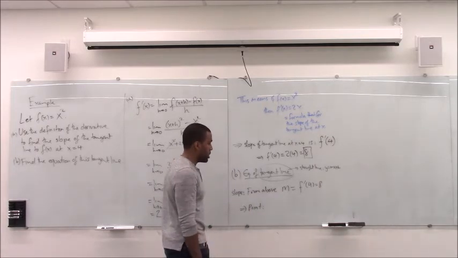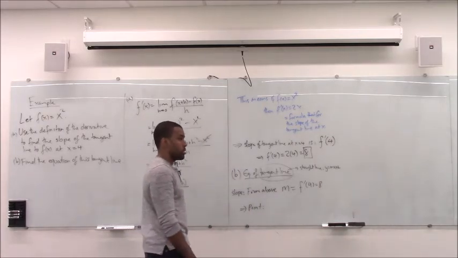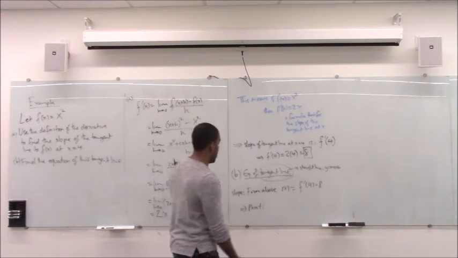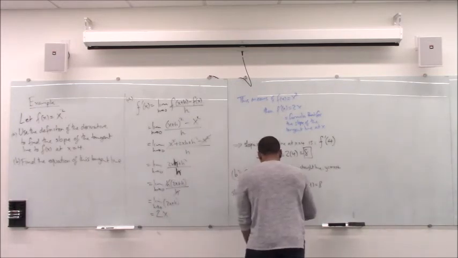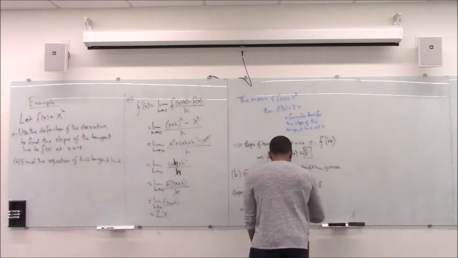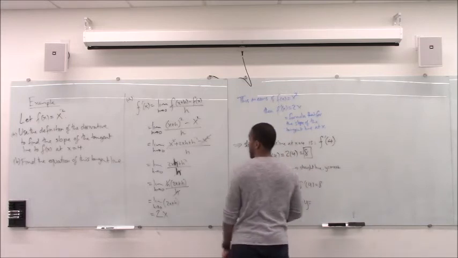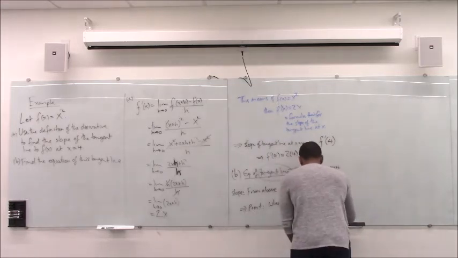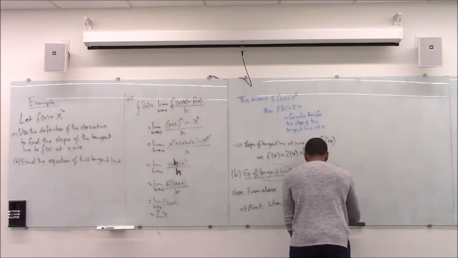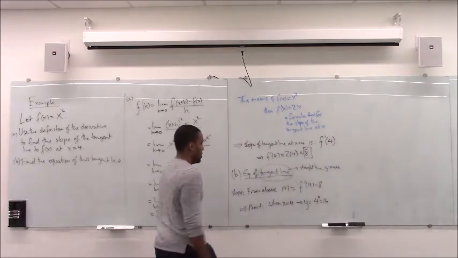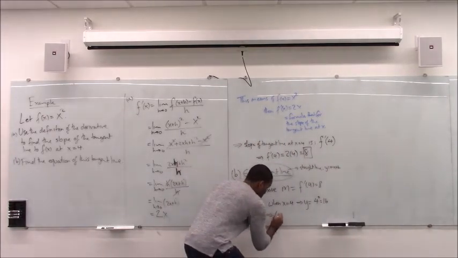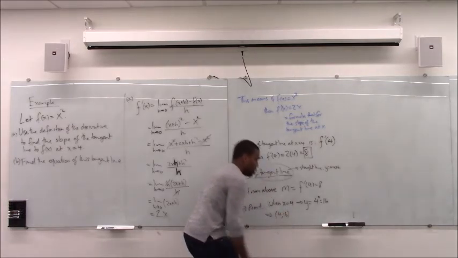How do I find the point that I care about? Would you plug in 4 to the original equation? So when x equals 4, I want to know what the y value is. Well, your y is going to be 4 squared, which is 16. So this means the point is (4, 16).